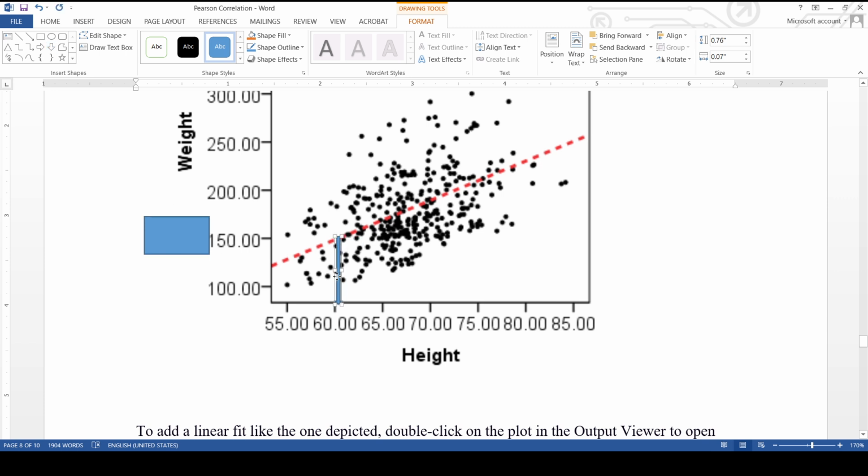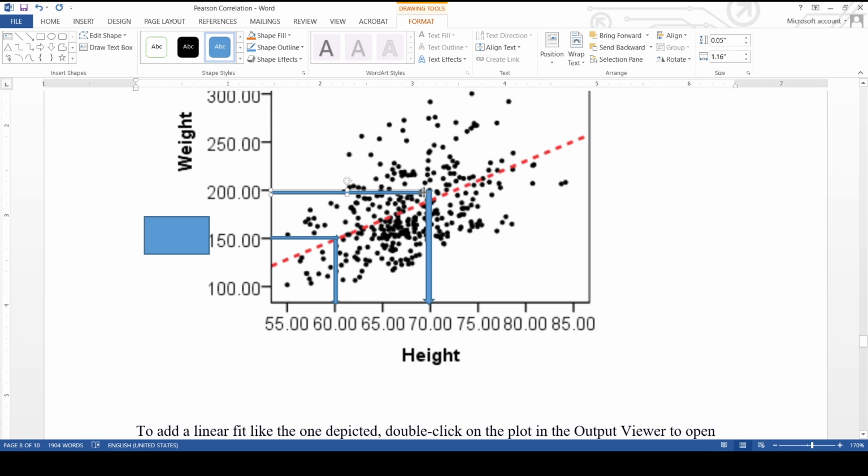So around that place is where you have your dot for that individual. And then maybe 200 again. When you look at the weight, it's 200. If you bring it inward, the height will be around maybe 70 or thereabout. Up to the line.